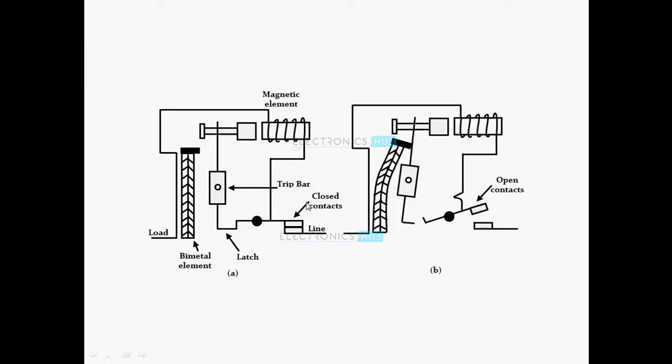Thus, in both cases, overload or short circuit, the contacts of the MCB get open. Thus, the MCB protects any circuit or component against overload or overcurrent and short circuit, but it is not used for earth fault protection.